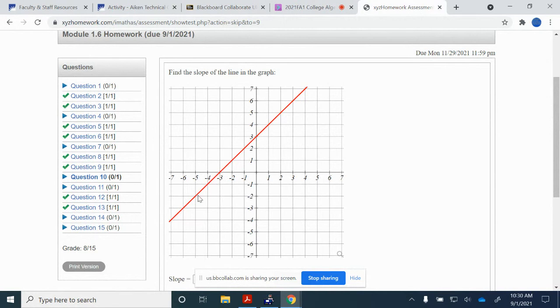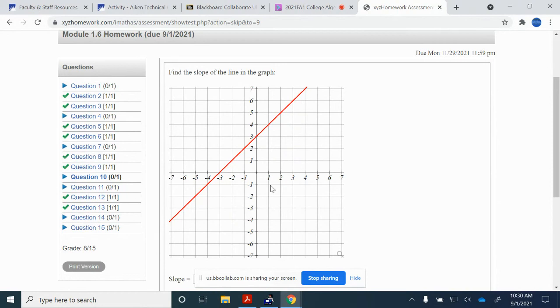What does matter is that whatever point you use, you're clearly able to pull out the coordinates, which means it falls on one of the intersections on our grid. The points you choose may be different from the points I choose, which may be different from the points your classmate chooses, but nonetheless, your slope should be exactly the same.